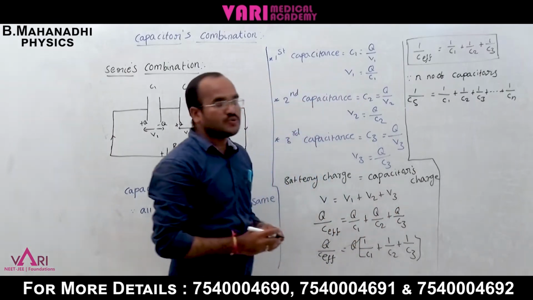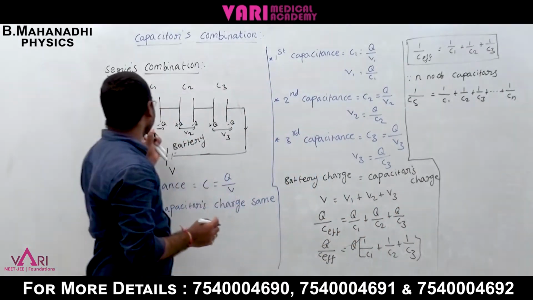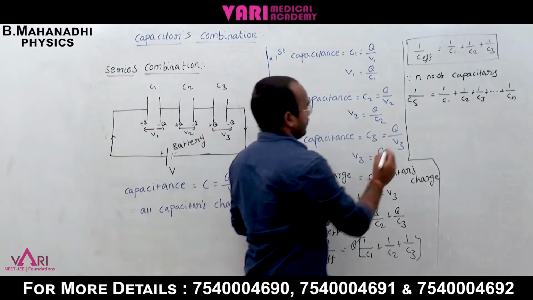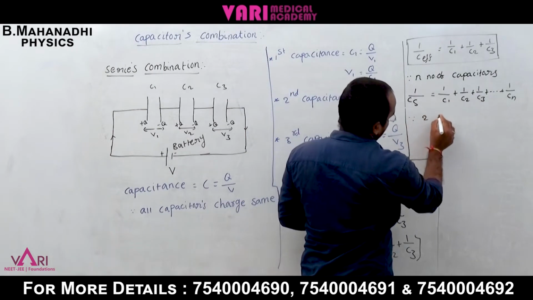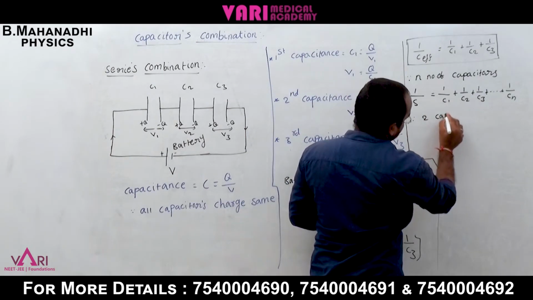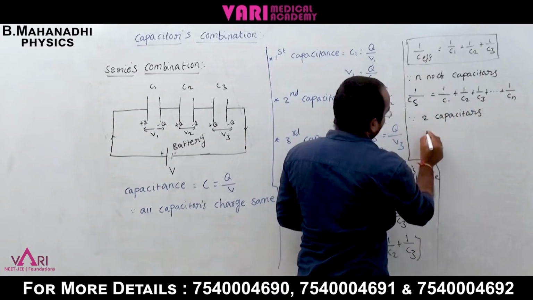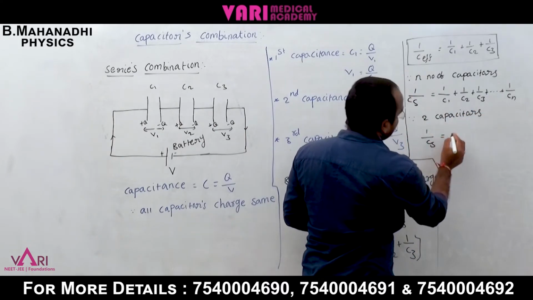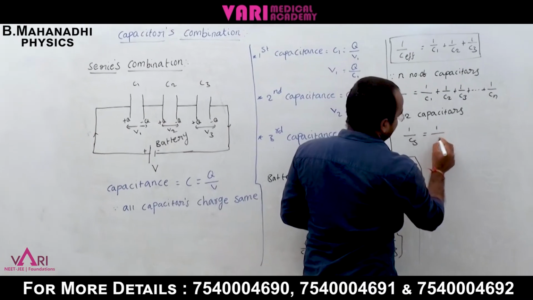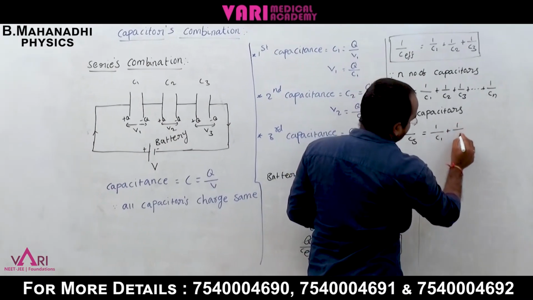If two capacitors are connected in series, 1 by Cs is equal to 1 by C1 plus 1 by C2.